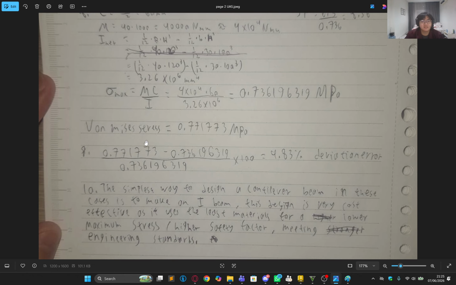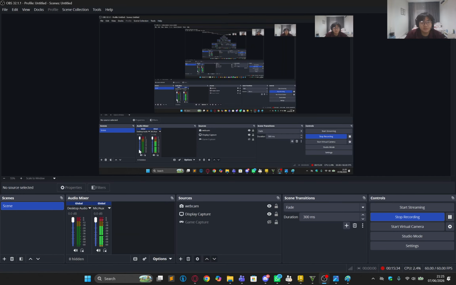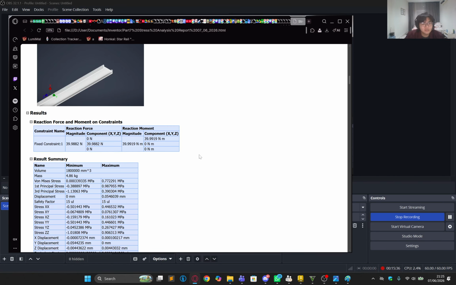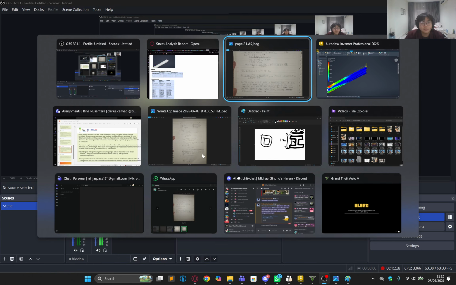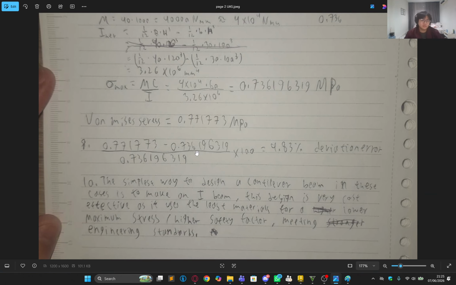Way less than this, 0.77291. Definitely going to be a different case every single time we do this, but you simply just add the formula as a stress here, that minus the FEA.